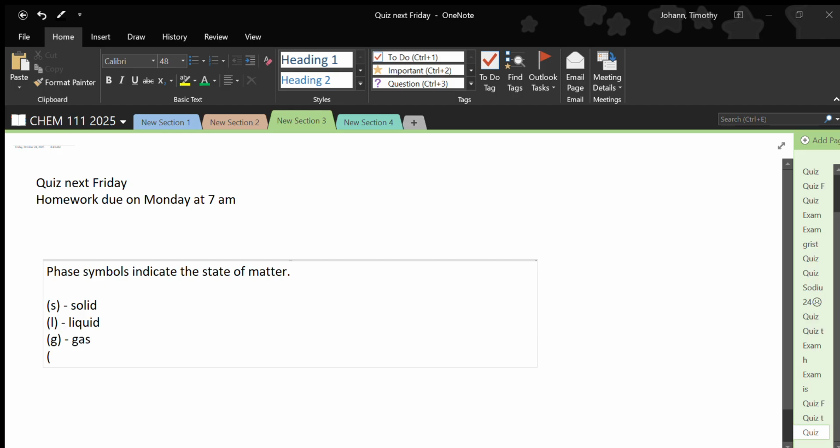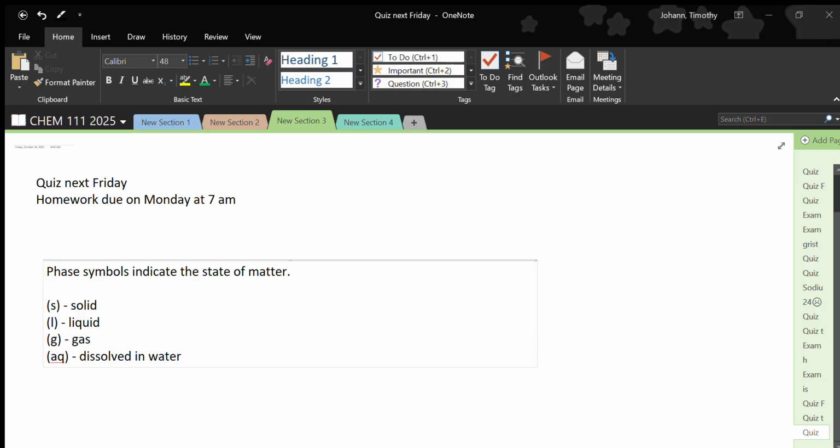And then the other thing we do, which is not an actual state of matter, is aqueous, AQ, which means dissolved in water.